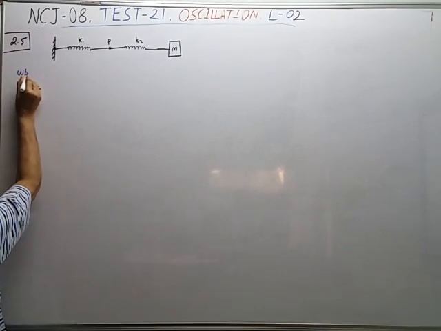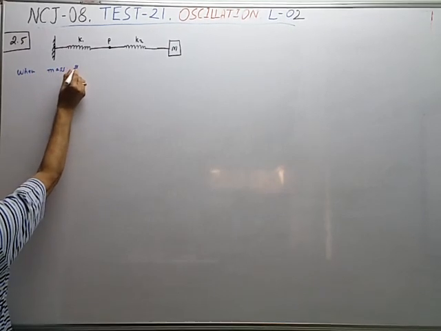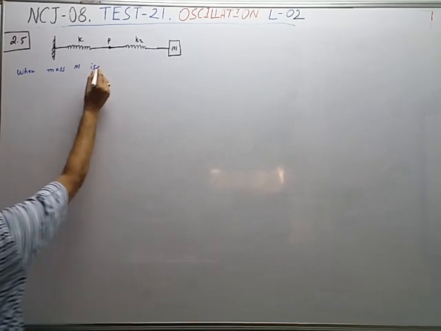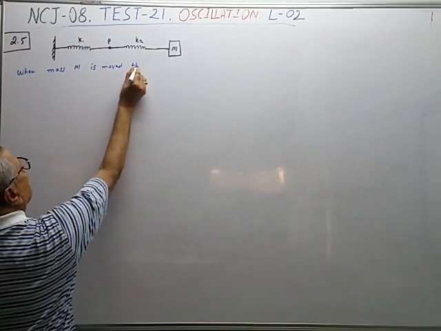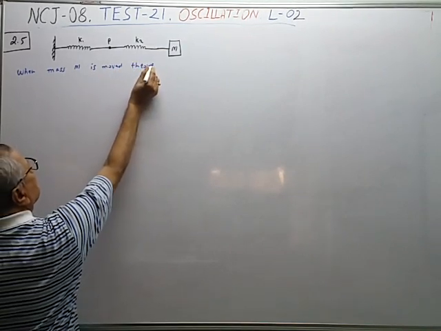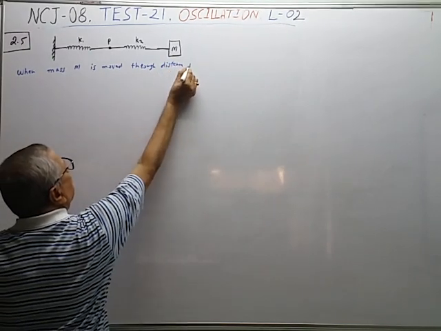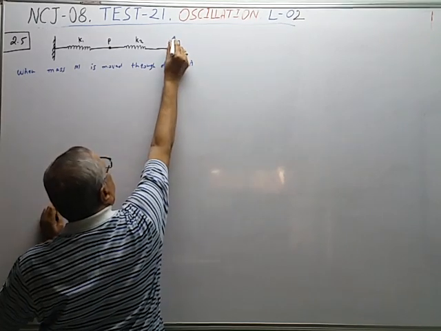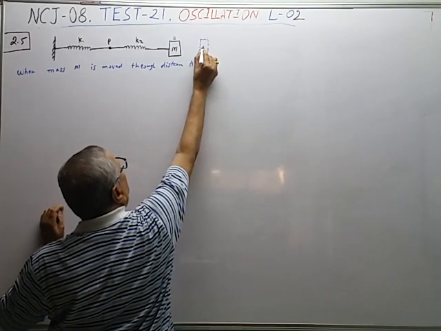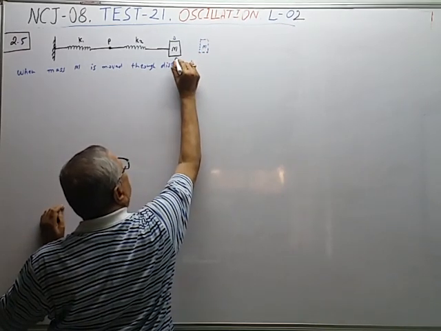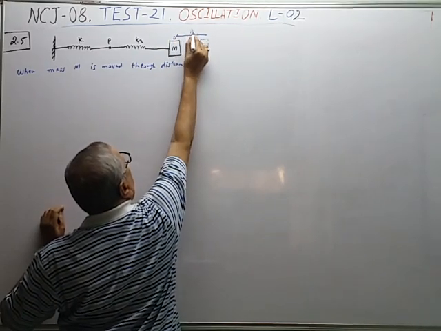When the mass M is moved through distance A, this position is denoted by A. This is the displacement A. Amplitude A.